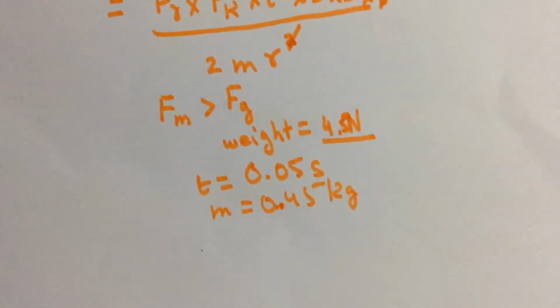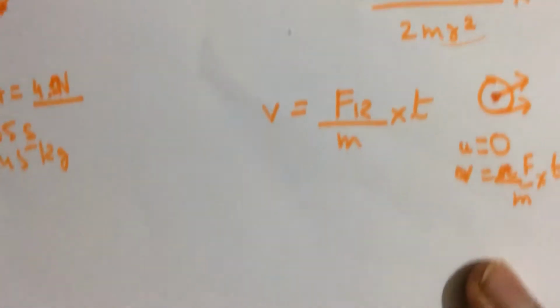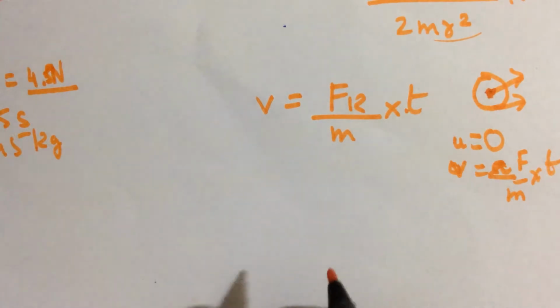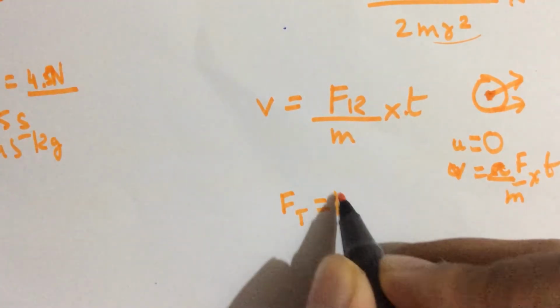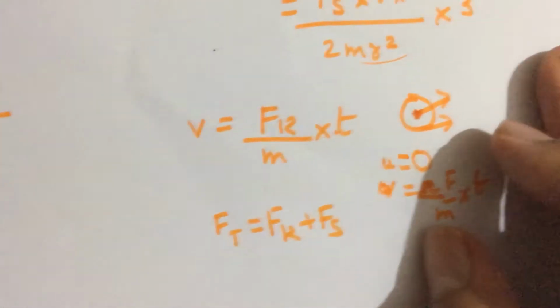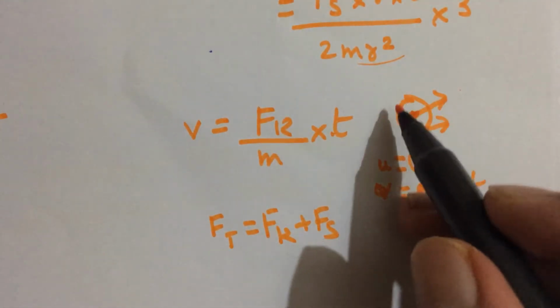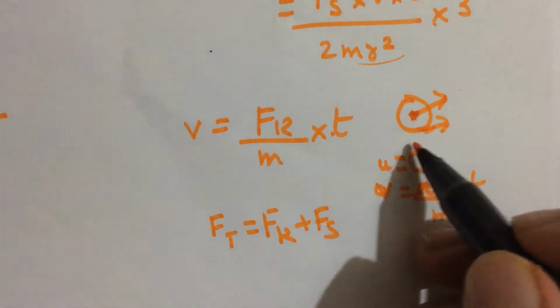Now, another thing that you must understand about Fk and Fs is that the total amount of force that the footballer puts on the ball is basically equal to Fk plus Fs. Makes sense, right? Because there are two kinds of motions that we get. We get translatory motion and we get a rotatory motion.